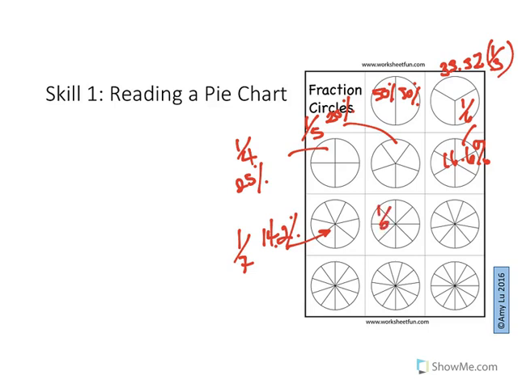This is 1/8, where each slice is known as 12.5%. This is 1/9, where each piece is 11%, or more precisely, 11.1%. These are tenths, where each piece represents 10%.